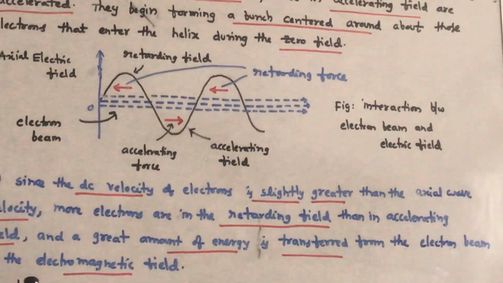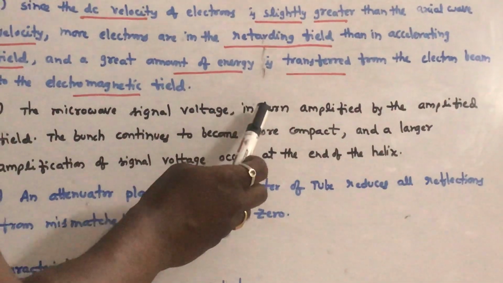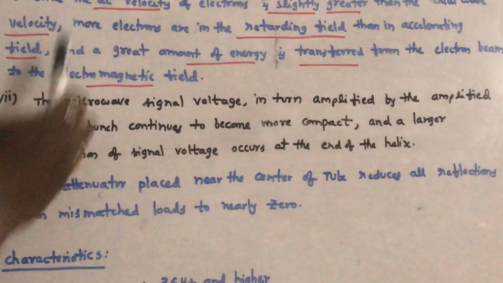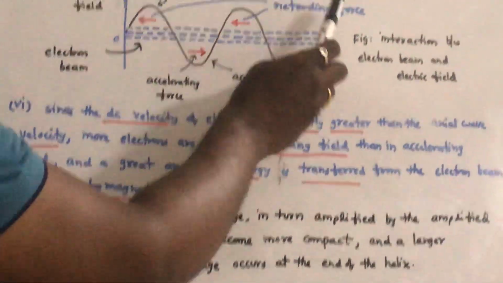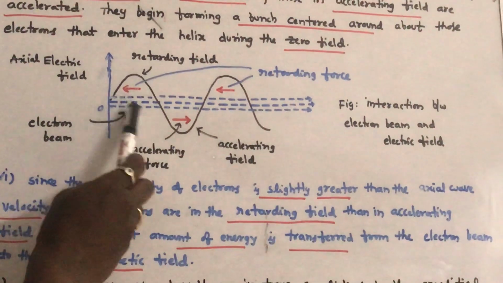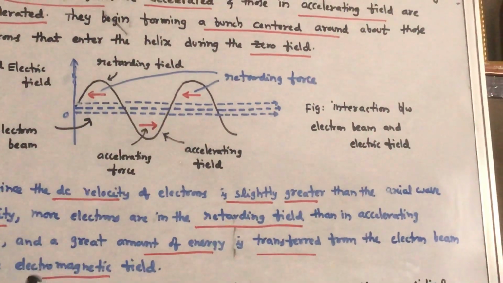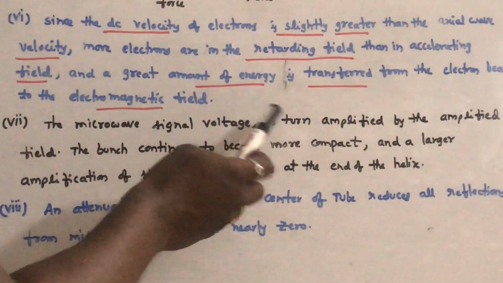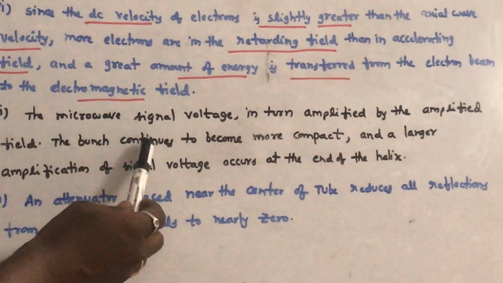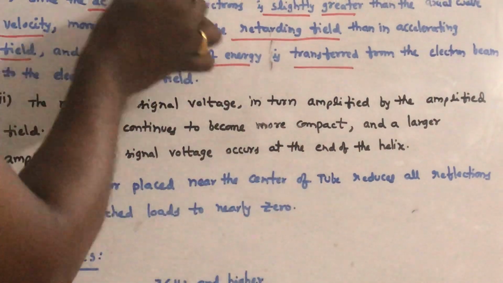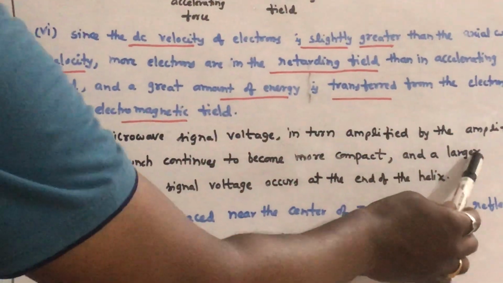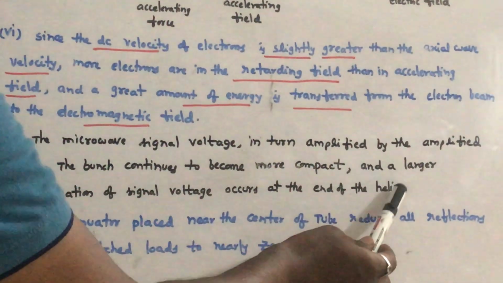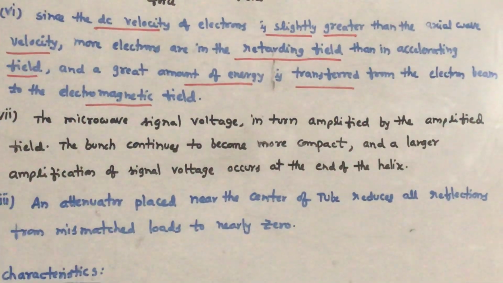Finally, the microwave signal voltage is amplified by the amplified field. The bunch continues to become more compact, and a larger amplification of the signal voltage occurs at the end of the helix. This is how the amplification process occurs.